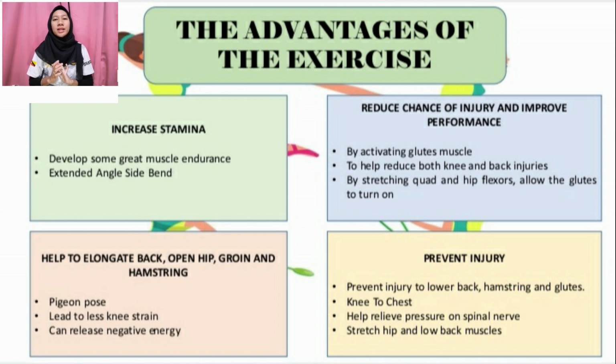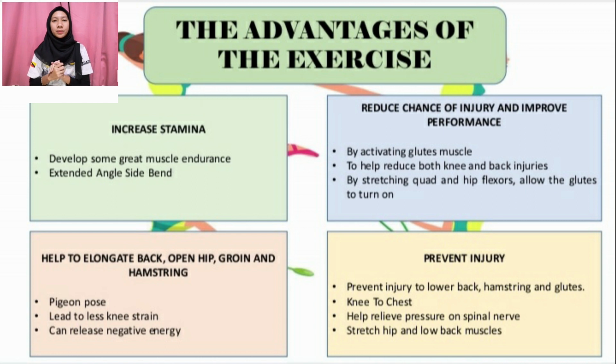Injury is reduced by activating the glute muscle. Strong and active glutes help to reduce both knee and back injuries. By stretching the quad and the hip flexor, we allow the glutes to turn on, improve performance and reduce our chance of injury.